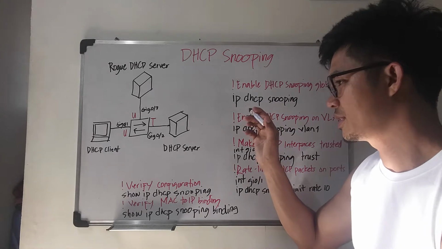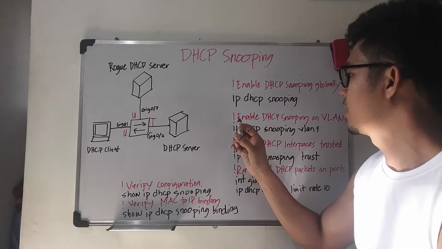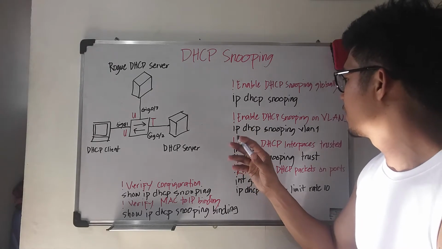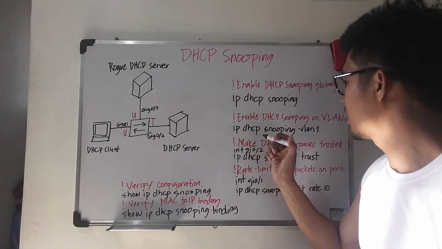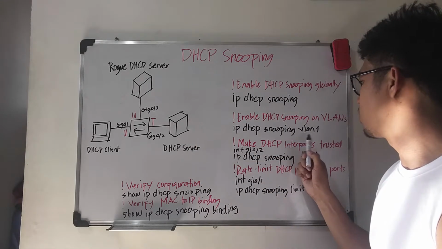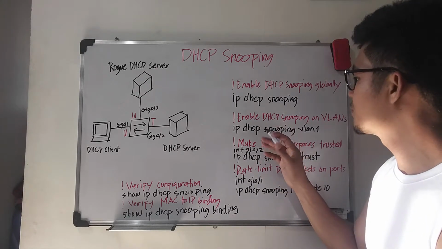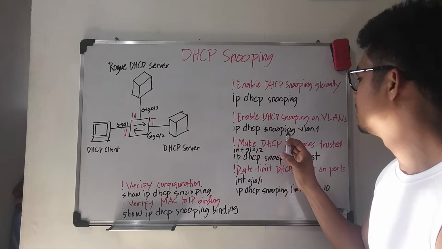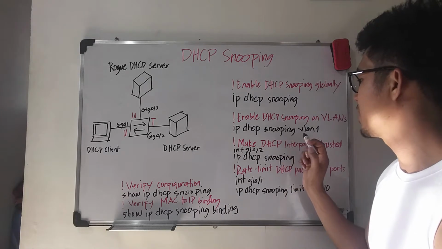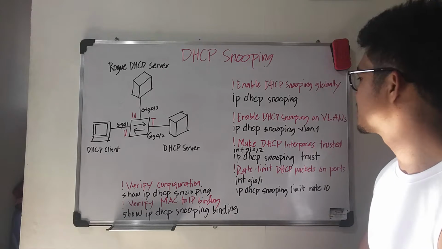Take note that that is just enabling it, and here you can actually enable it on the VLANs. In this case, I'm just using VLAN 1. After you enter this command here, all the interfaces on the switch will become untrusted ports.